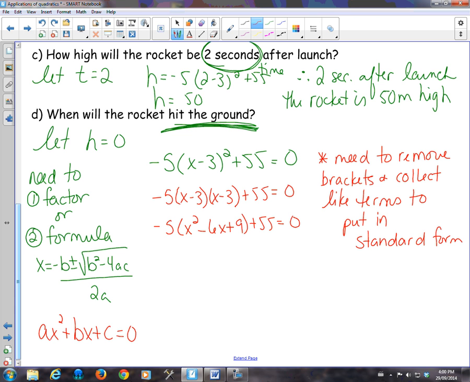And then multiply everything by -5. And I've got -5x squared plus 30x plus 10 equals 0.